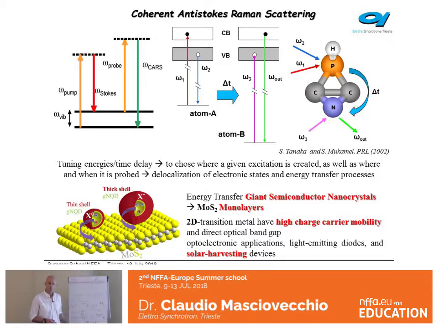You are forcing all the atoms A to get an exciton on the A side, okay? At time 0, you coherently create an exciton on all atoms A. So as Martina said before, excitons will travel to other places.